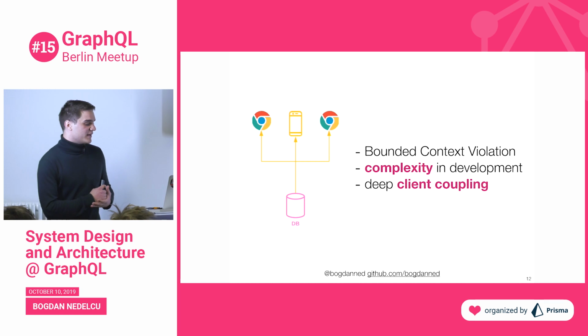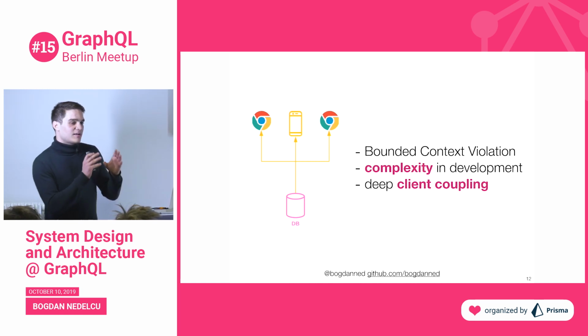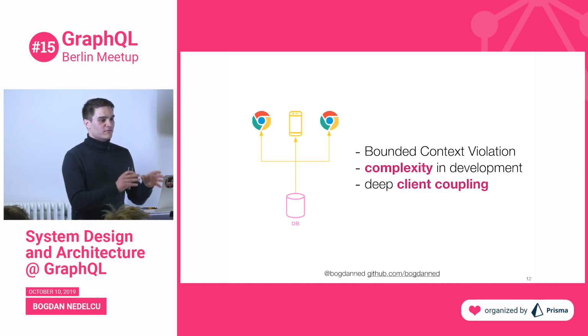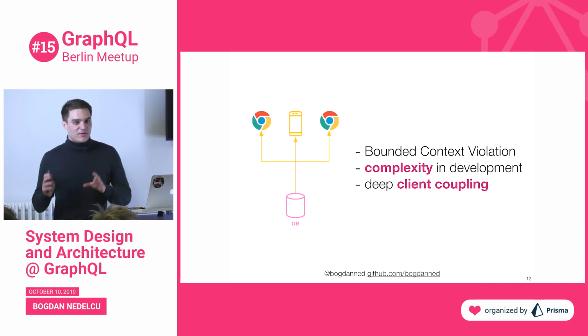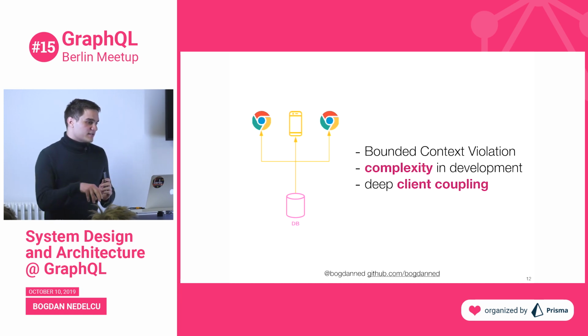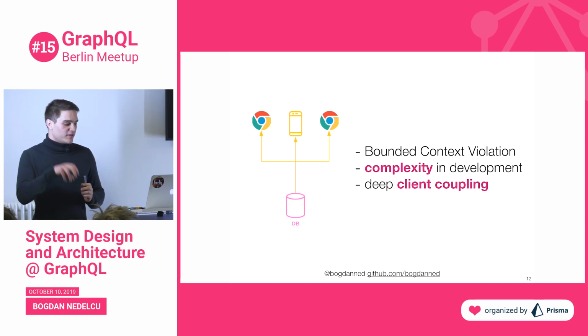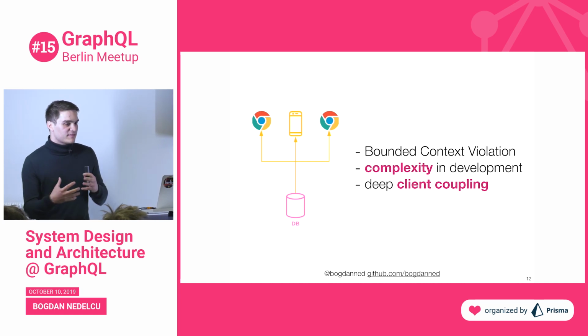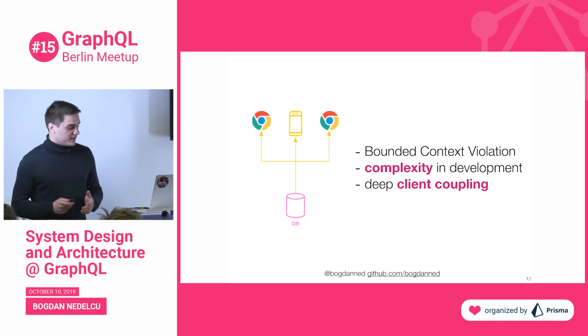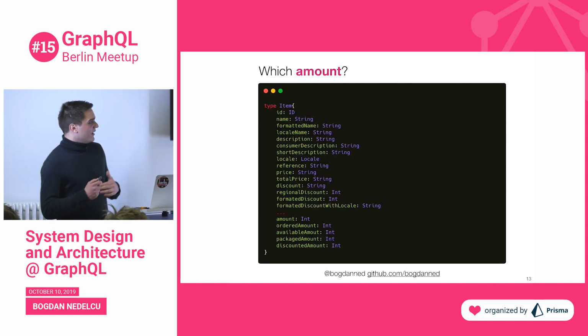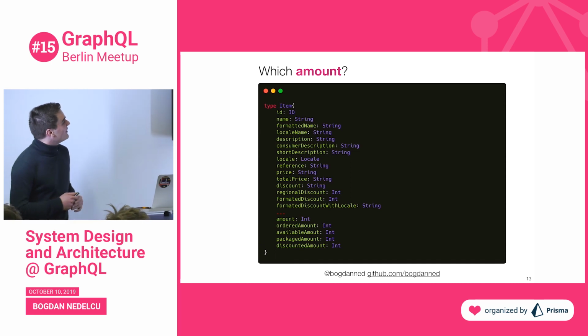The reason being is that the 3 clients all live in different universes, they have different requirements, and even if they are not directly coupled, because they are all dictating requests on the same space, and we have to accommodate all these requirements in the same space, they end up being indirectly deep coupled, I would say.